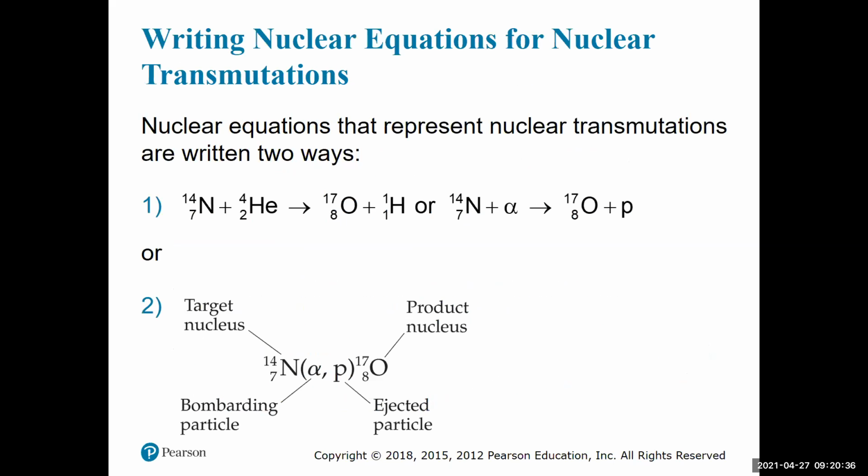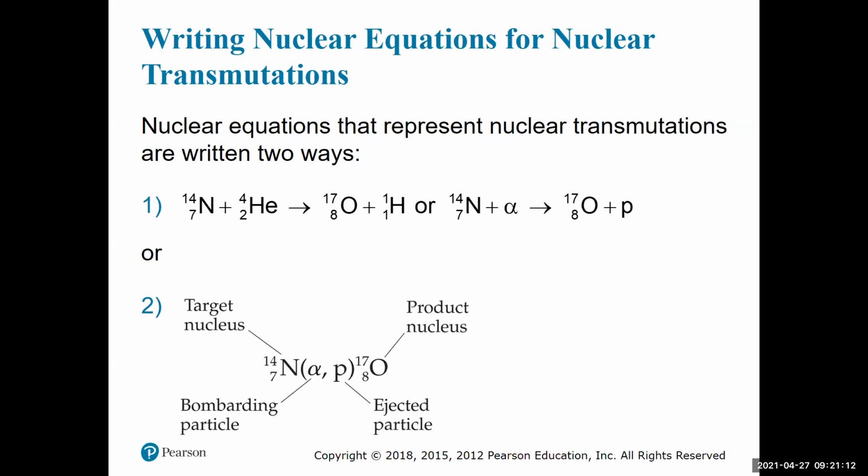There are ways that people write these nuclear equations to represent the transmutations. At the top here, we have nitrogen and helium reacting together to give us oxygen and hydrogen. If you look at this closely, just as before, we talked about balancing the atomic mass number and the atomic number.